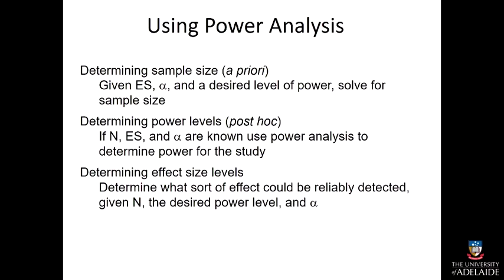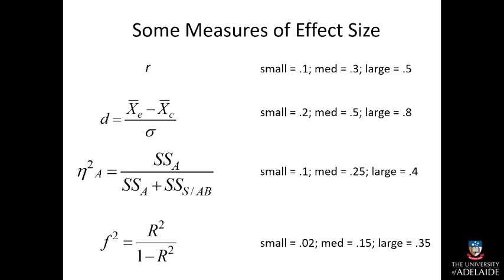The question that you can answer then is, given that sample size and the power that I would like to have and the alpha level I'm going to adopt, what size effect can I reliably detect? And what I mean by that is, what size effect can I detect such that I'll be able to reject the null hypothesis? And that in itself can be an interesting form of analysis as well. So 3 uses of power analysis.